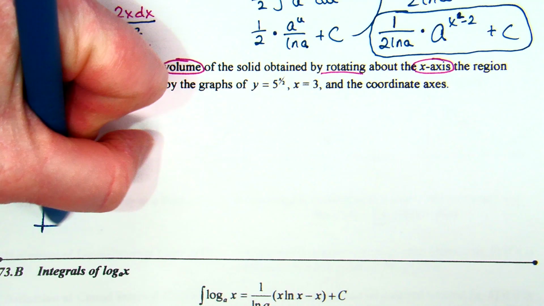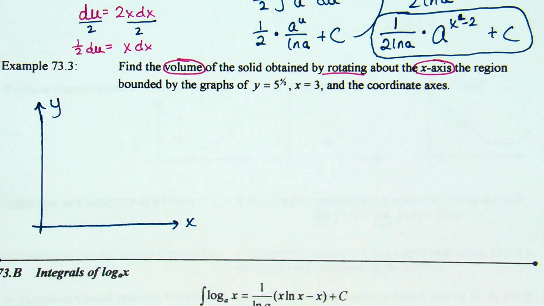Okay, so it said the coordinate axes, right? So I'm going to draw myself a graph. And it said y equals 5 to the x over 2. Well, what would be 5 to the x? An exponential, right? Which starts over along the x-axis on the left, crosses through 0, 1, goes up.